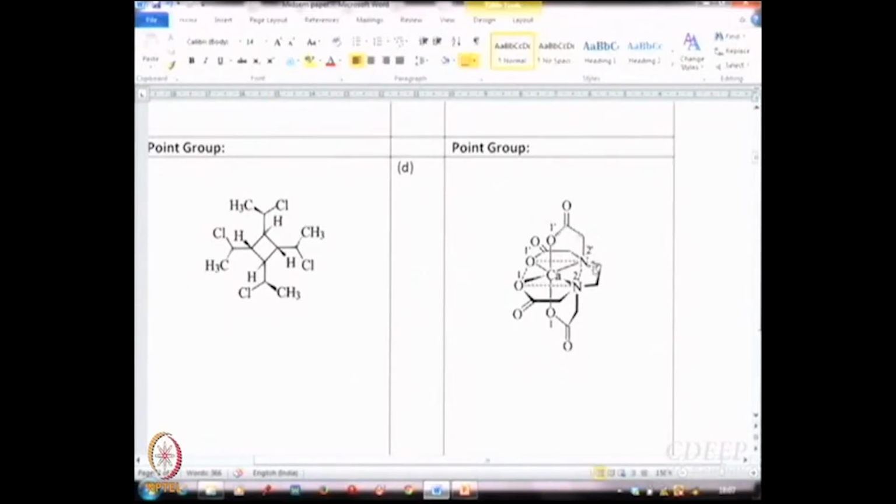Because this bridge is from this nitrogen, this bridge is from this nitrogen. It is not a sigma plane. So what have we found? We found a C2 axis. Is there an S4 axis? No. So it is C2. Okay. So complicated molecules had simple point groups.